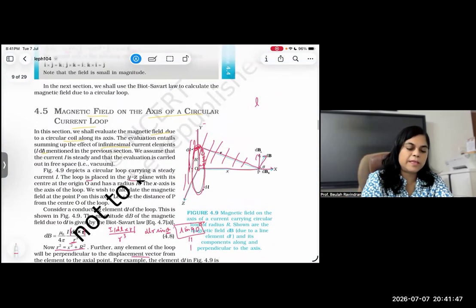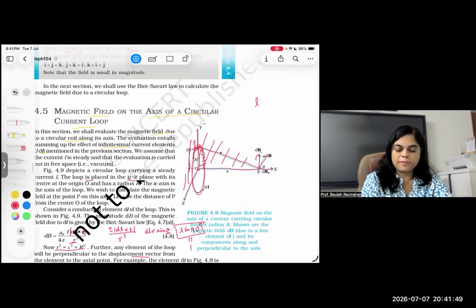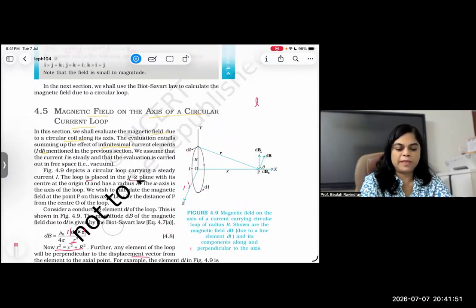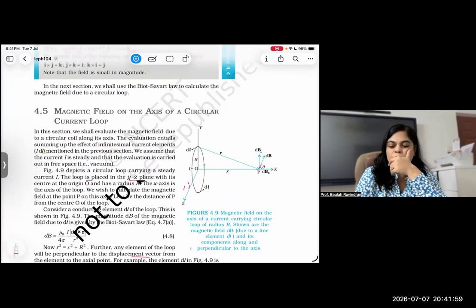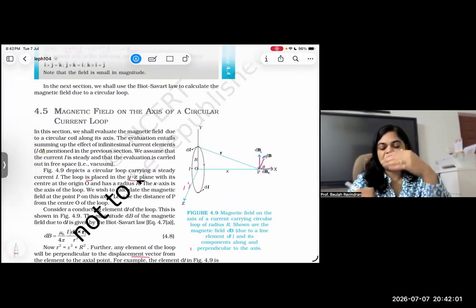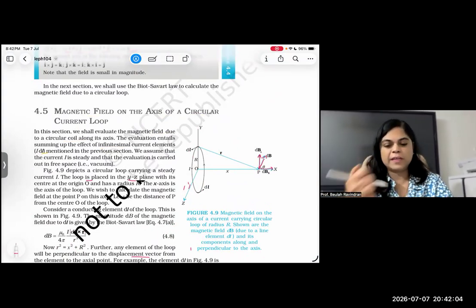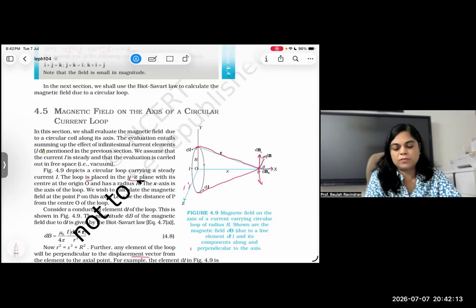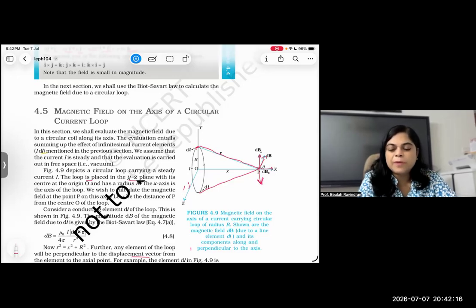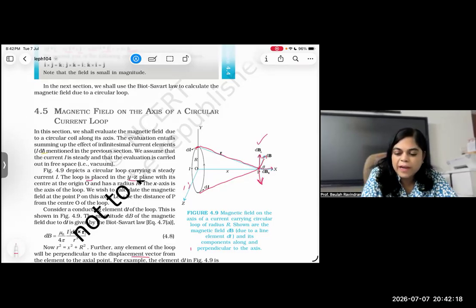How are they trying to say this? If you take dB into two components, suppose you take the dL element from here, then from here the dB will be like this. So the dB perpendicular components, but the dBx will be added up.